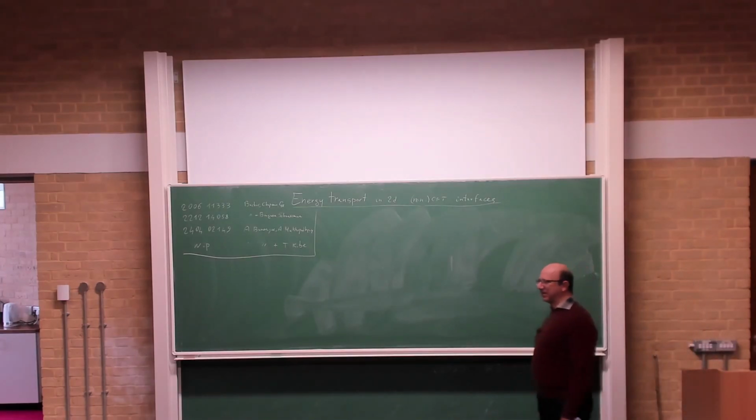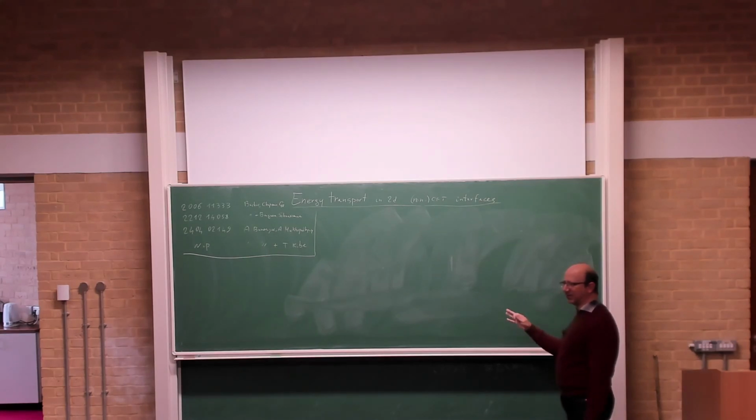Every time you have a defect, there is always this confusion because left can mean left movers or left theory. So I always use left and right to mean the left theory, not left movers.